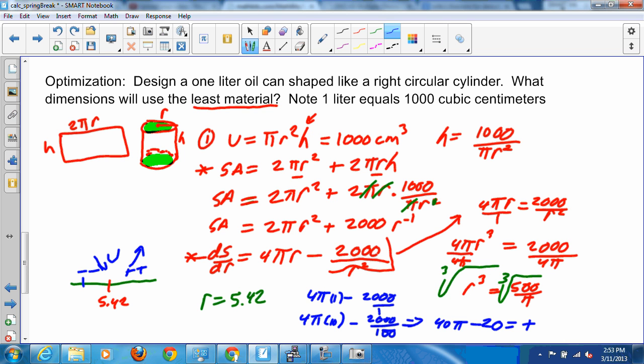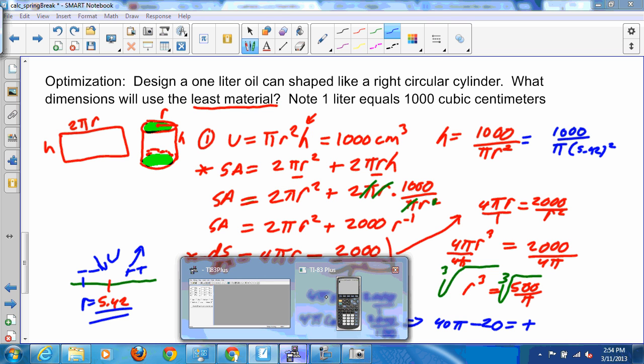Alright. So I guess the only thing left to do is to come up with a dimension. This is our radius, right? So substituting back in over here, we have 1000 over pi times 5.42 squared. And let's punch this up on the calculator and see what we get.